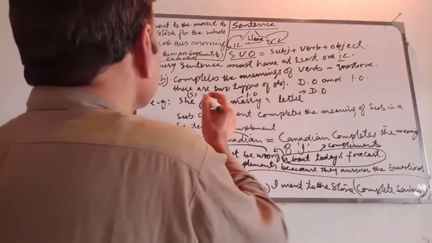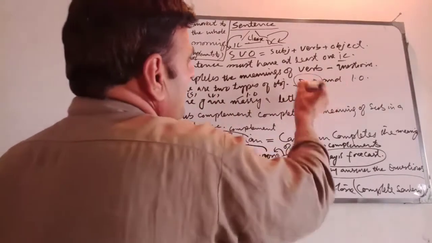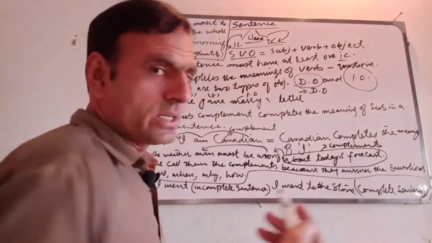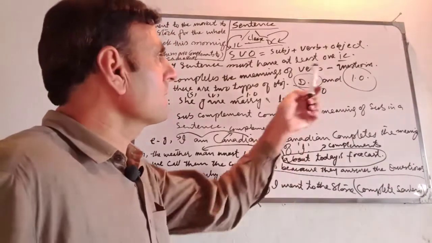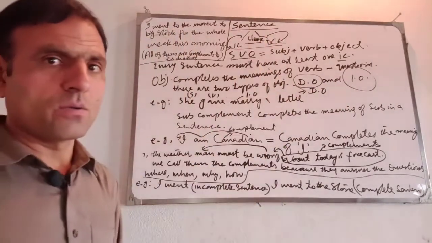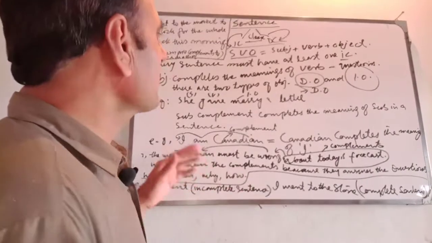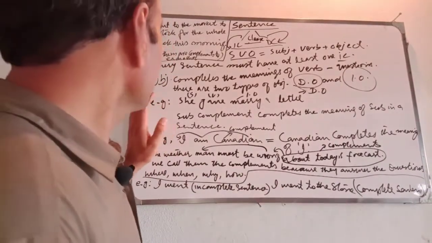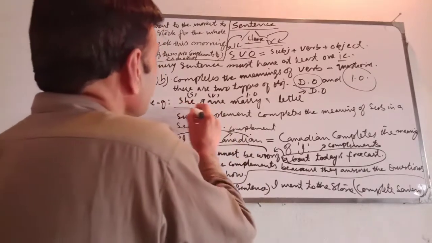Now there are two types of object, direct object and indirect object, like I told you. Now we put here an example about the objects.